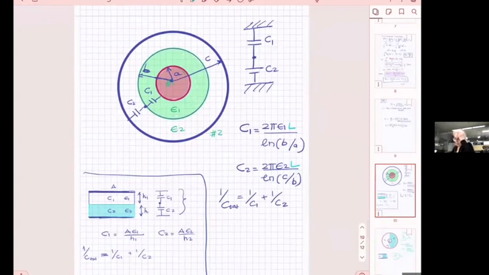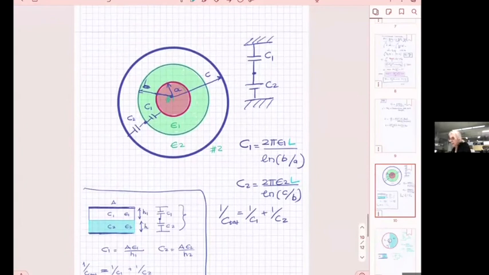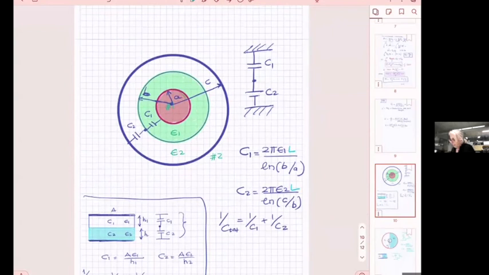Like here you put an area, here you put a length. If you put a length, you find the total capacitance. If you don't put a length, each of the C1 and each of the C2 is per unit length. It means your L is not a specific length. You call it 1 unit length, for example. All right, do you understand that?